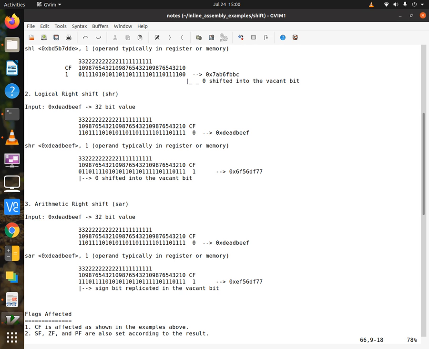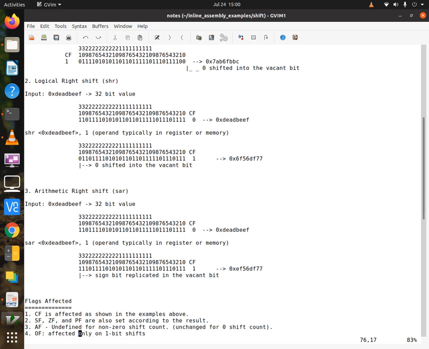In this example, since the most significant bit was a 1 to begin with, after the right shift is done, when we have a vacant position in the most significant bit, it is the original MSB, original bit 31, that gets replicated in the vacant position, as opposed to shifting a 0 unconditionally, which is what the logical shift right does.